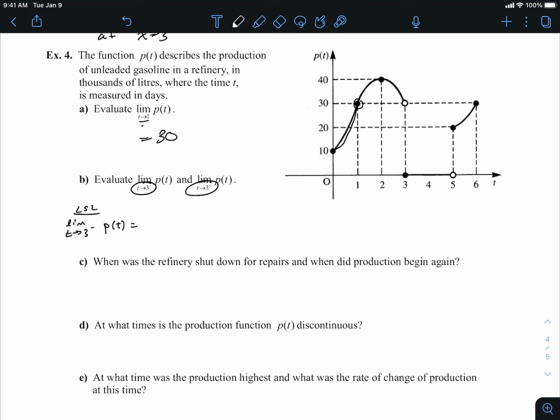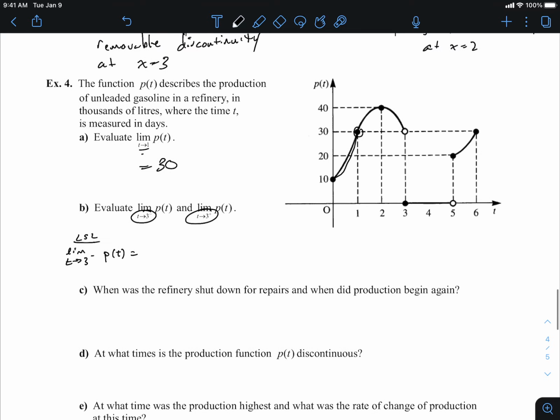As the graph approaches 3 from the left, remember this is the value of 3, as it approaches that value from the left, we're approaching but never actually touch 3.